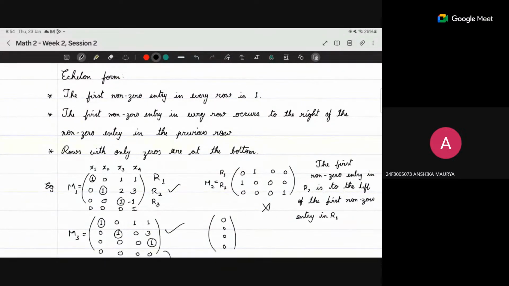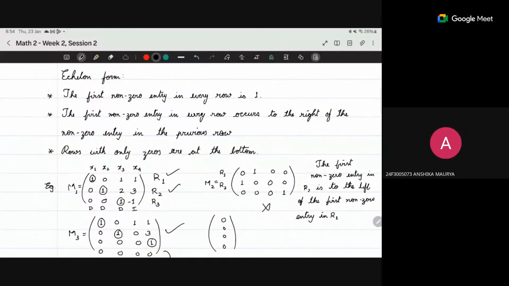In each row, the first non-zero entry has to be a 1. That is the first rule. The second rule is that in every row, the first non-zero entry, which will be 1 because of the first rule, has to come to the right of the leading one in the previous row. So take for example M1.